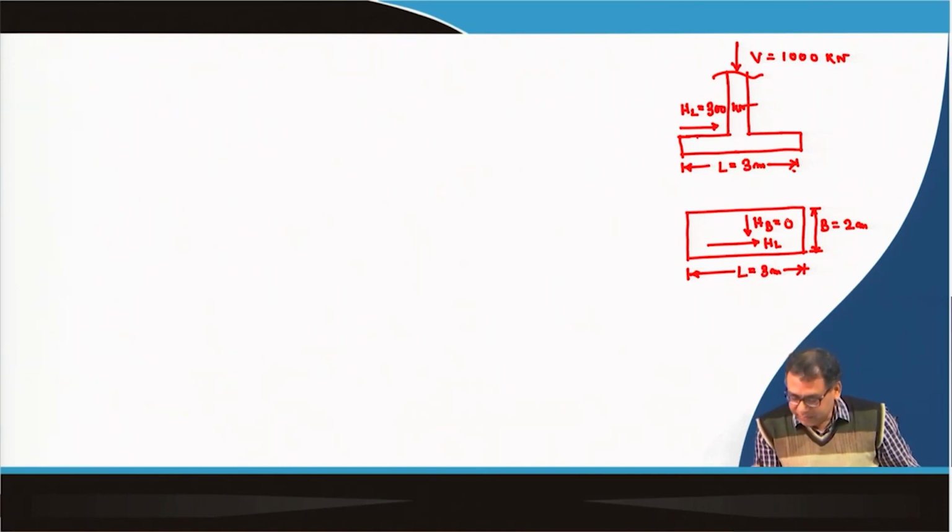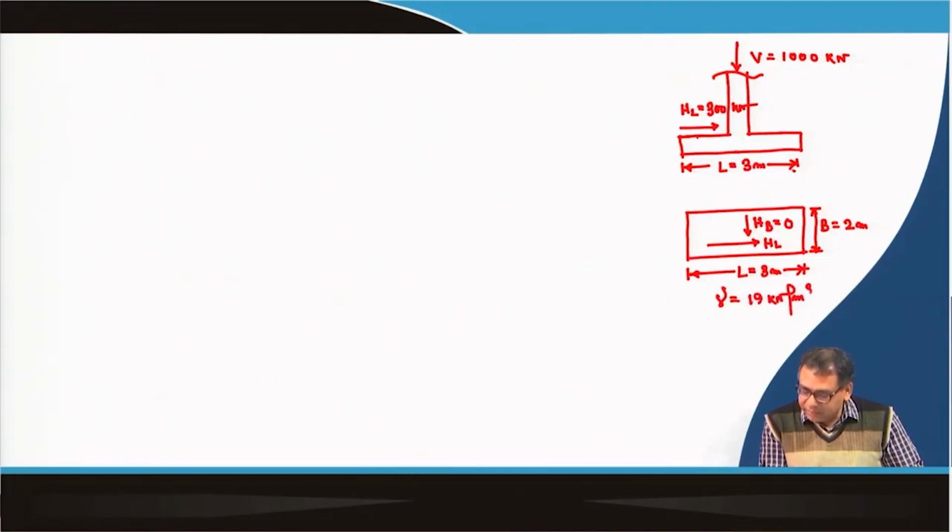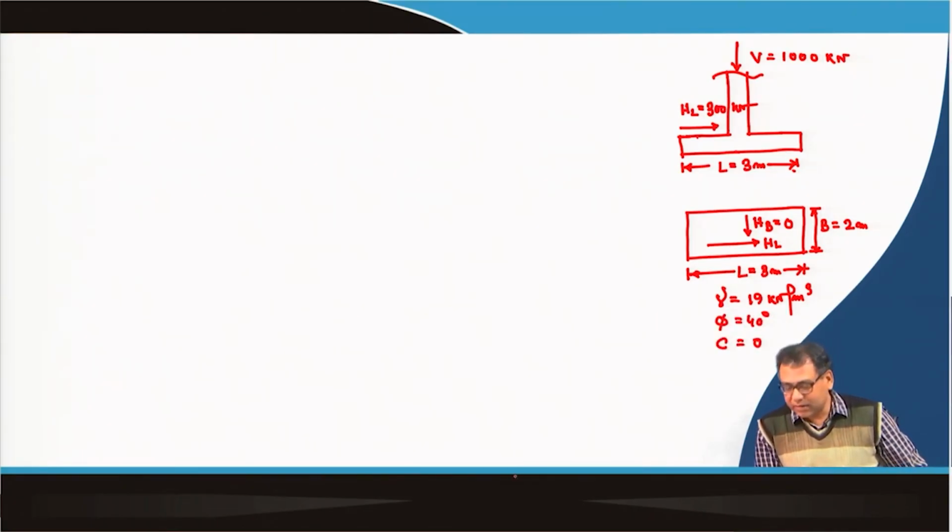My soil properties: unit weight of the soil is 19 kilonewton per meter cube, phi value is equal to 40 degree, C value is equal to 0, and water table is not considered.